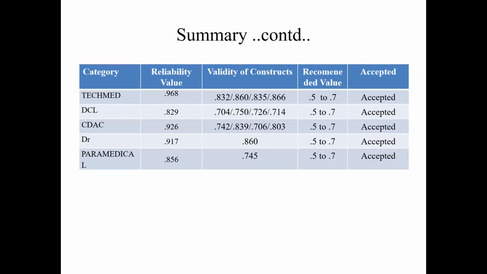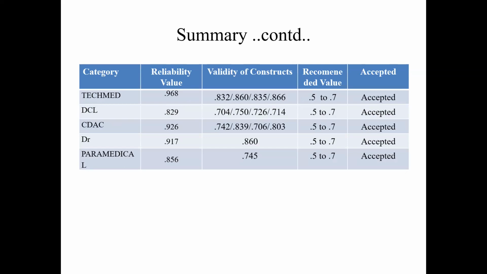Then the TechMed reliability value is 0.968, validity of construct 0.832, 0.860, 0.835, and 0.866. The recommended value is 0.5 to 0.7, which is accepted. The DCL reliability value is 0.829. Validity of construct is 0.704, 0.750, 0.726, 0.714.